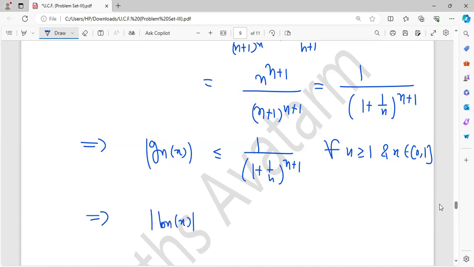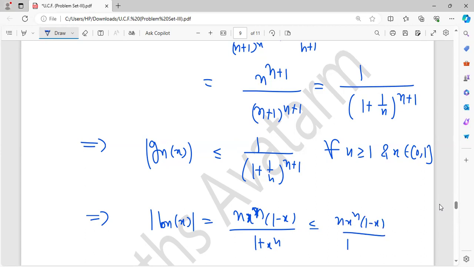Okay. Now what about this function b_n(x)? b_n(x) is equal to n x to the power n, (1 minus x) upon (1 plus x) to the power n. So this is n x to the power n, (1 minus x). I can remove, I can take 0 here, so it will be increased.